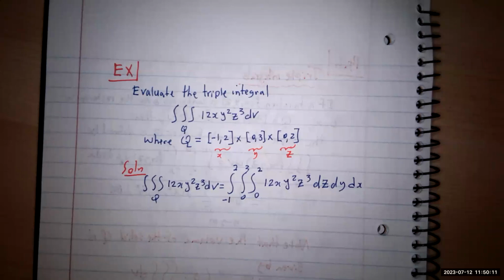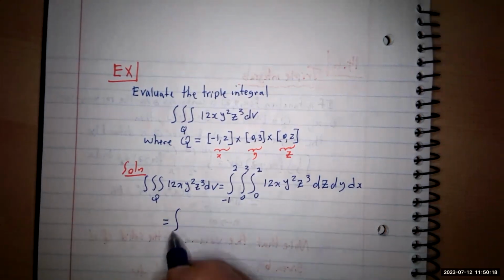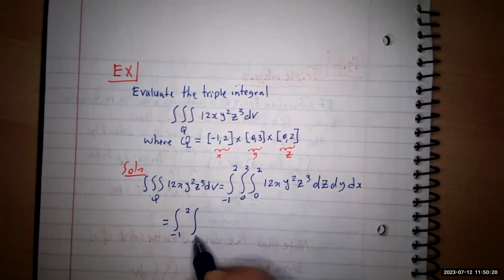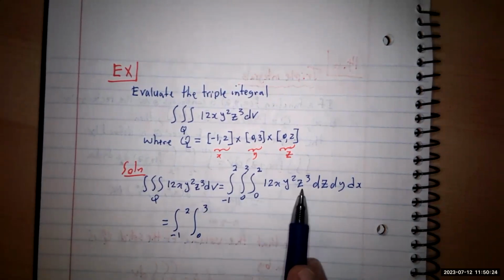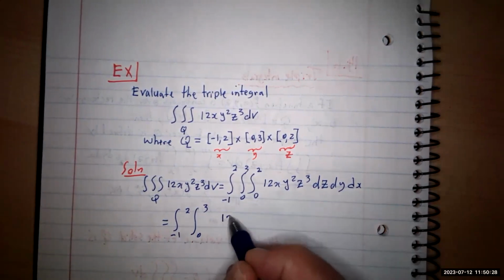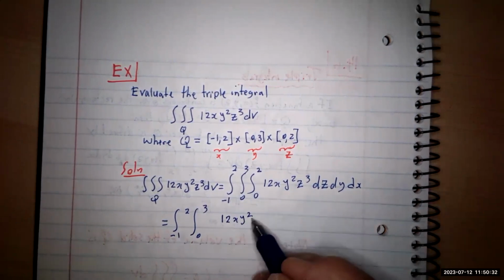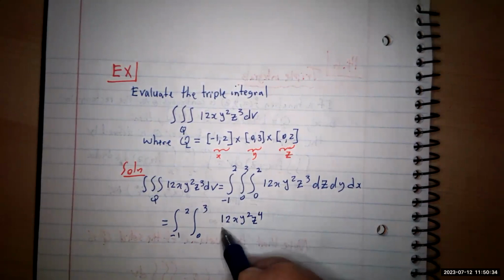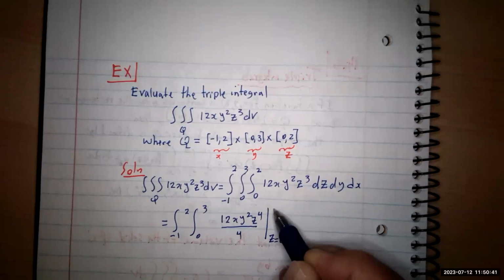Start integrating. You integrate with respect to the z first. So it's going to be -1 to 2, 0 to 3, and z cubed gives z to the 4th over 4. Again, you can do it separately, but I do it all together: 12xy squared, z to the 4th over 4. Then emphasize that the z goes from 0 to 2.